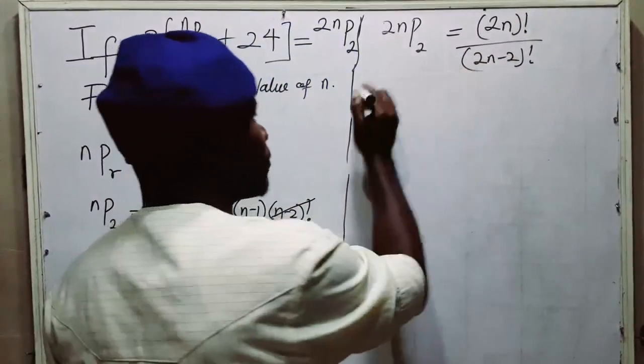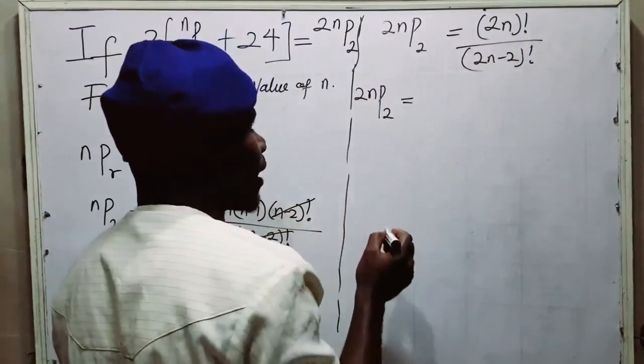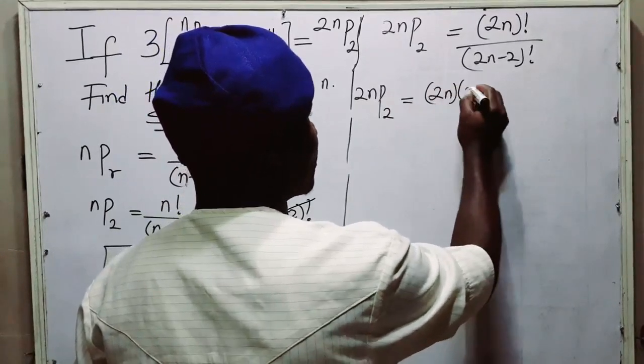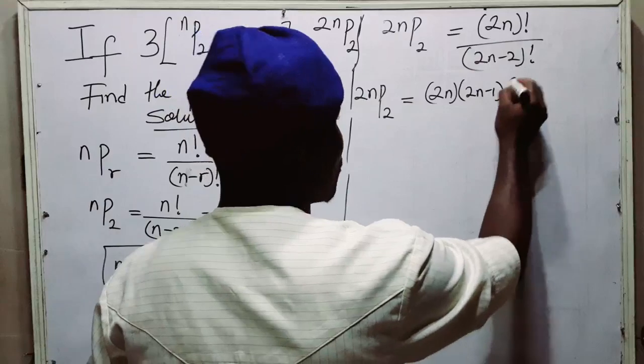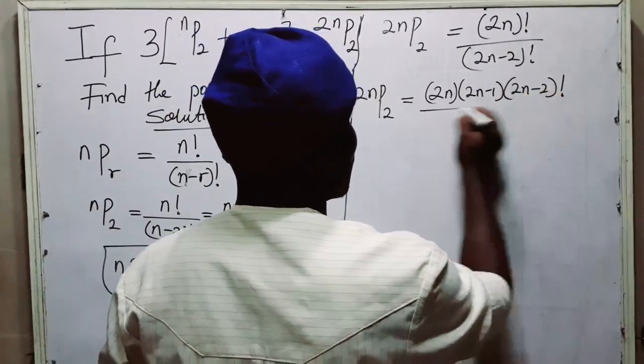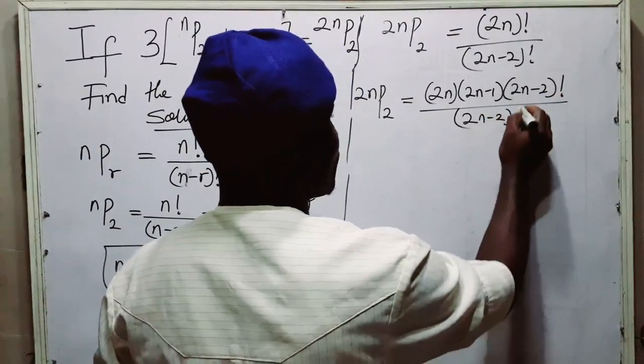So 2n permutation 2 can be written as 2n, open a bracket, 2n minus 1, also open a bracket, 2n minus 2 factorial over 2n minus 2 factorial.